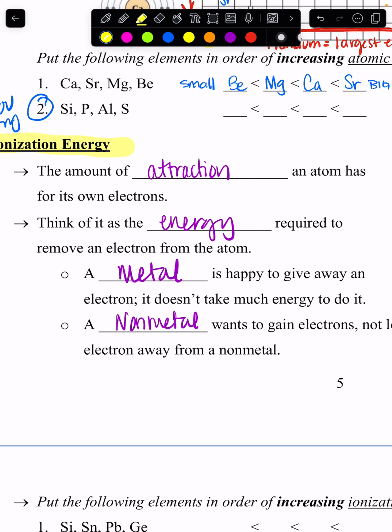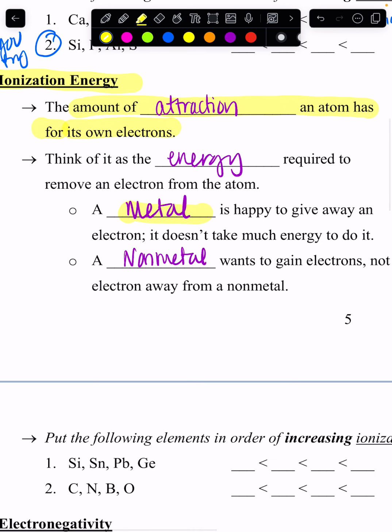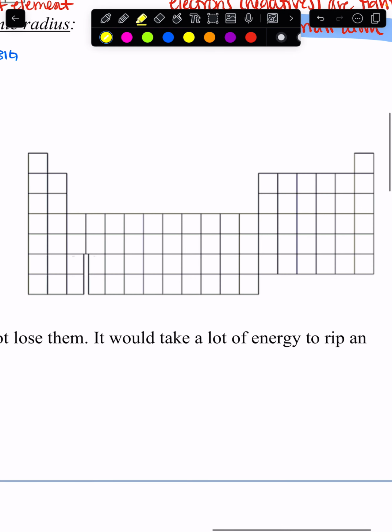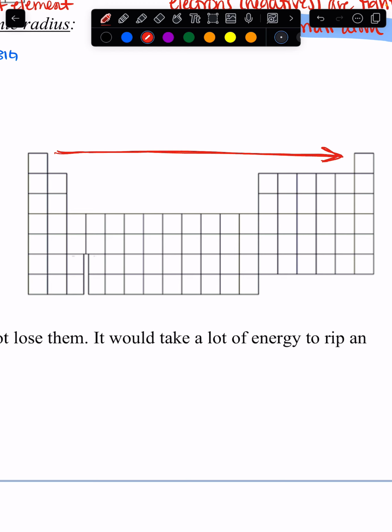So let's highlight the important parts. The definition of ionization energy is the amount of attraction an atom has. Your metals will give away. Your non-metals want to gain electrons. Okay, so let's put it on our periodic table. I increase going to my noble gases because my noble gases really don't want to give away those valence electrons.